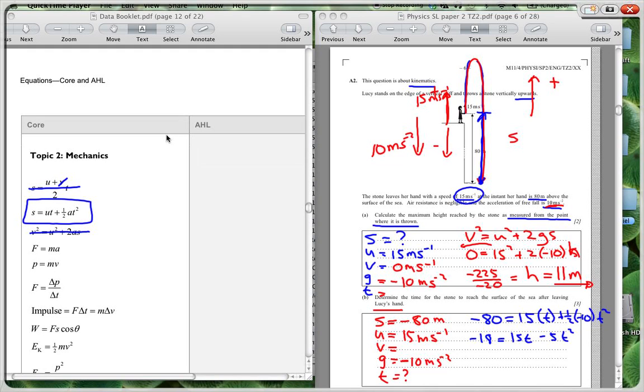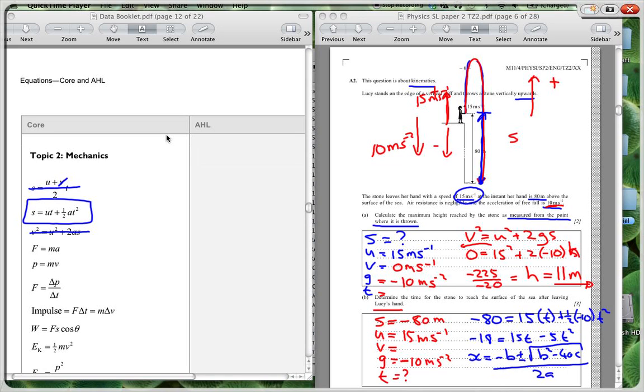I can solve that. There's different ways of solving this, but probably the best way is to use the quadratic formula, x is equal to minus b plus or minus the square root of b squared minus 4ac, divided by 2a.